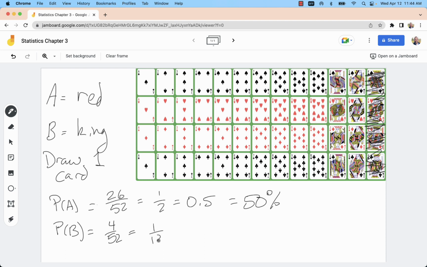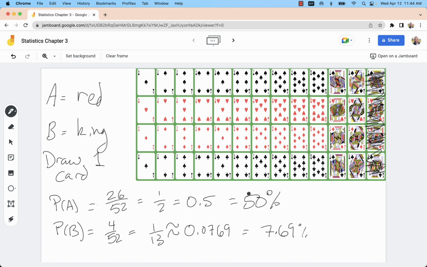That would reduce to 1/13. It does not divide evenly, so it's approximately 0.0769. I'm going to round it to 4 decimal places, which would be the same as 7.69%. So that's a rounded percentage for that one.